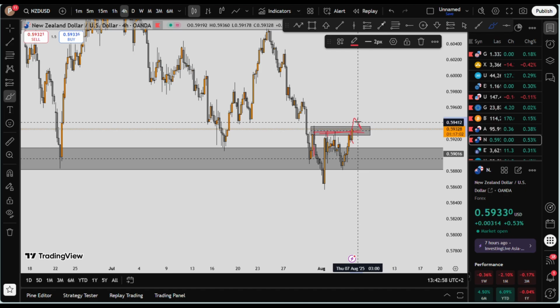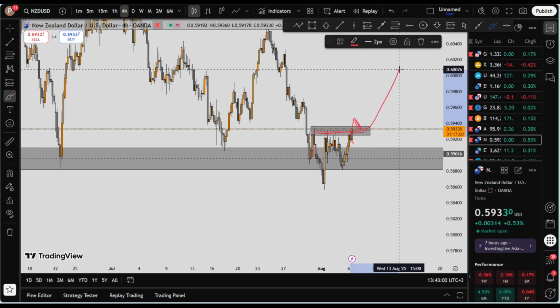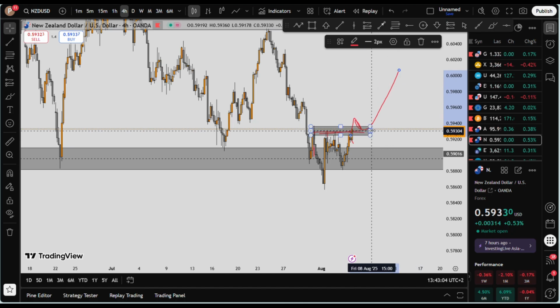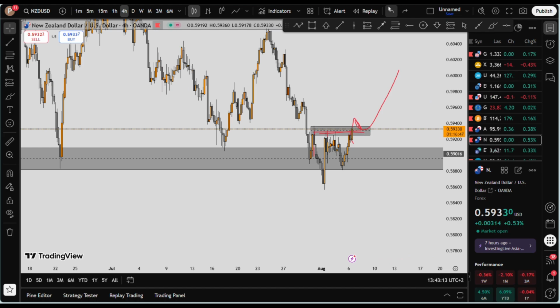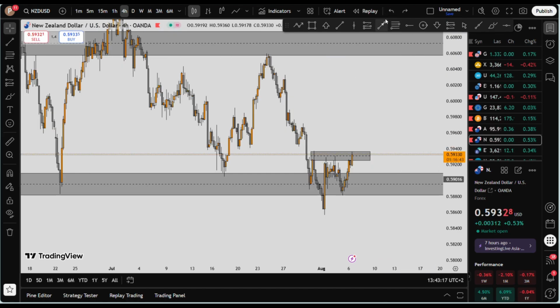If so, we wait for this retest, and then we get the entry, and hopefully it does this. It impulses above, but that's when it closes above and gives us a retest to enter. Hope that makes sense. This is as low as I would go. Let me just put this back again.